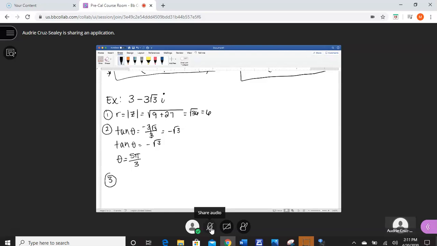And now you get z equals 6, open parentheses, cosine theta plus i sine theta. And this would be your answer. Is that okay?